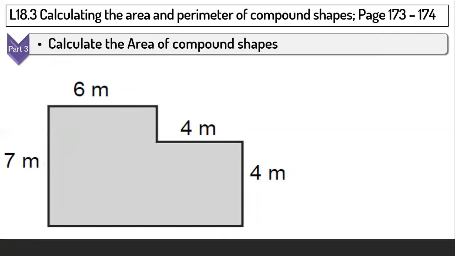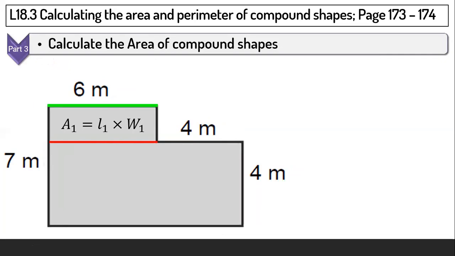Remember, in the previous way, I didn't need to find any missing side. But right now, when I cut it horizontally like this, it's a must to find the missing side. Why is that? Because the area is length times width, but my length and my width changed right now.